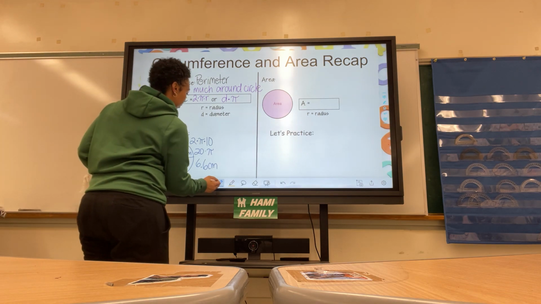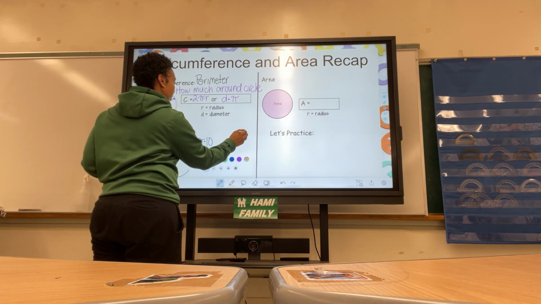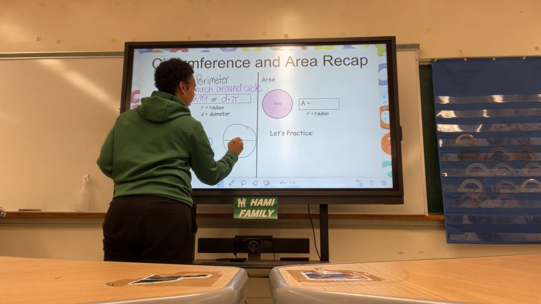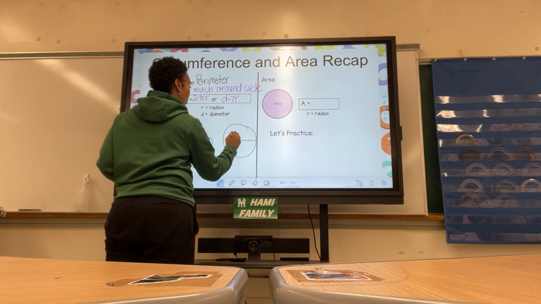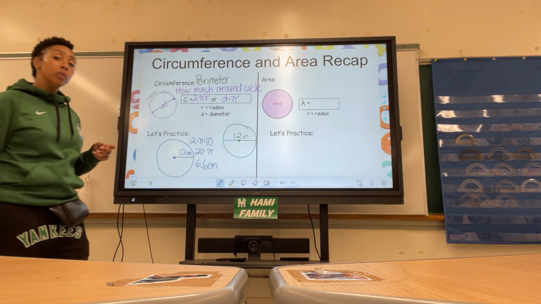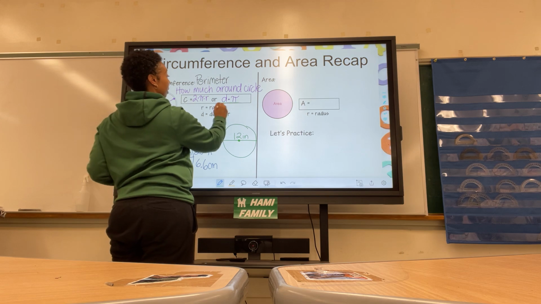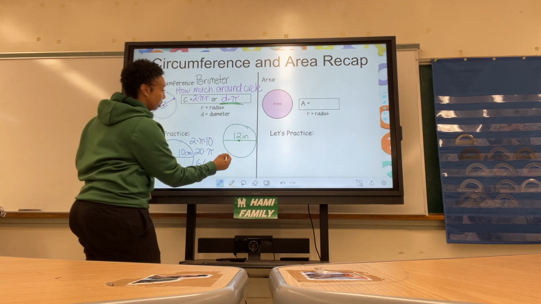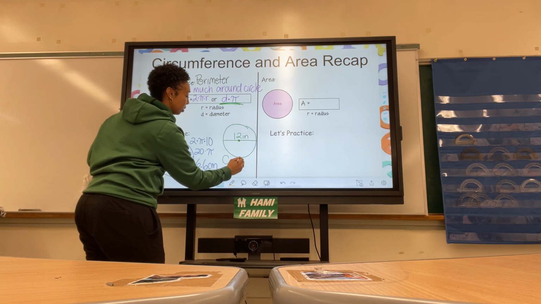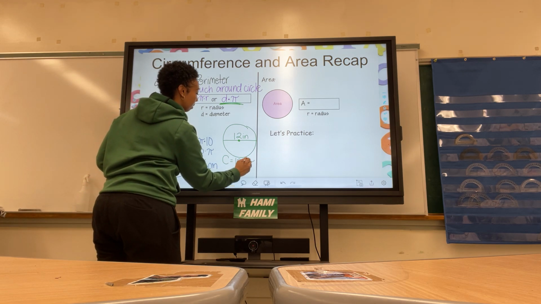Now let's say that we have a different circle, but this one has a diameter of, let's say, 12 inches. Again, because we're using diameter, we have to use this formula here. So circumference equals the diameter, which is 12, times pi.